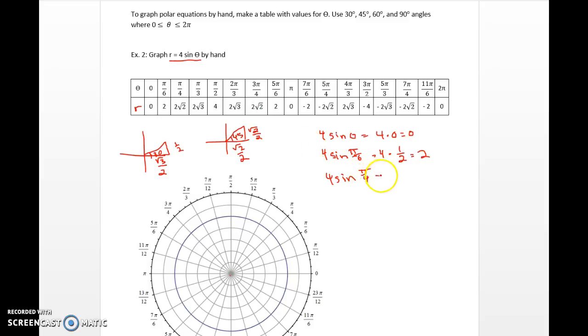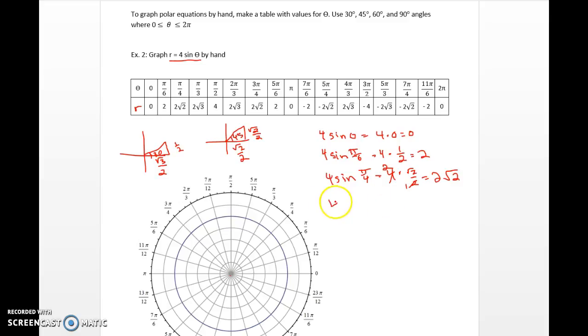The sine of pi over 4 is root 2 over 2, and that becomes 2 times root 2 because we can cross reduce these. And we can continue so on and so on.